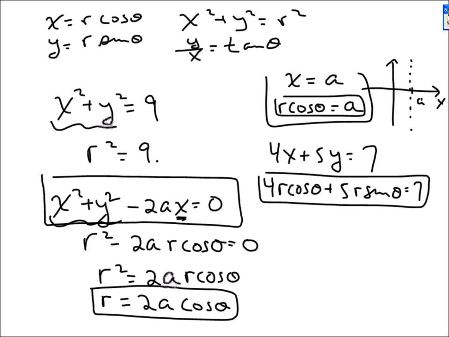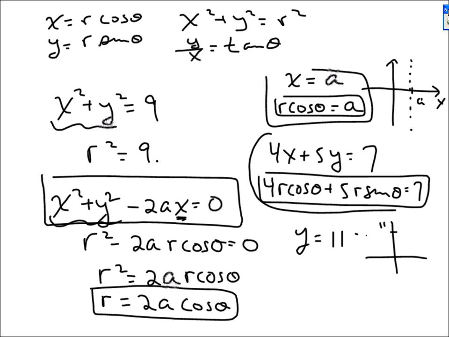Here's another problem. If y was a constant, y is 11, that's a horizontal line that crosses y equals 11. Well, y is r sine theta, and it always equals 11. Y is r sine theta, but a number is a number.